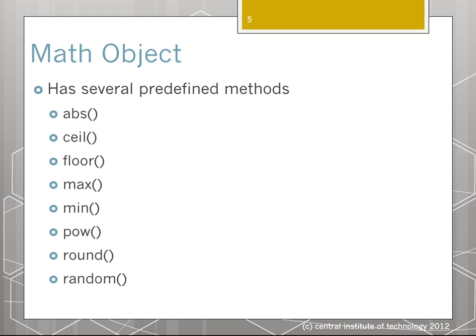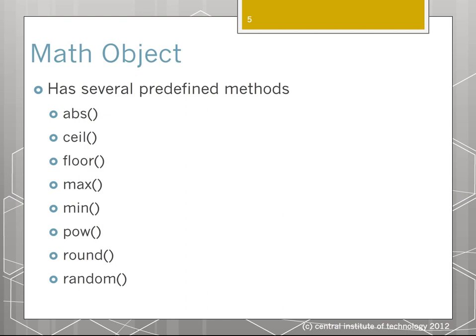The math object also has several predefined methods, and they're listed here in the PowerPoint slide, so I'll go through each of them. The first one returns an absolute value of a number. The ceil rounds up to the nearest integer. Floor rounds down to the nearest integer. Max returns the largest of the zero or more numbers, and min returns the smallest of the zero or more numbers.